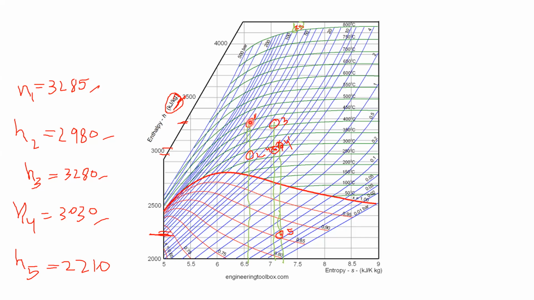At the first position, I have the enthalpy of this much. If you look at this green line, this line indicates that there is no change in the entropy. At this line only, I mark the second state. Why? Because the 1 to 2 process is the isentropic process. At 25 bar we have the second state.